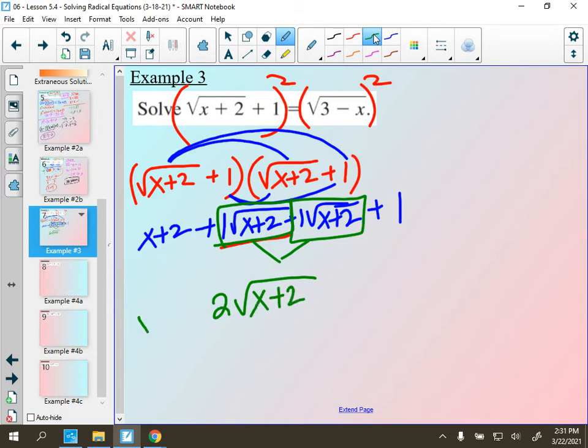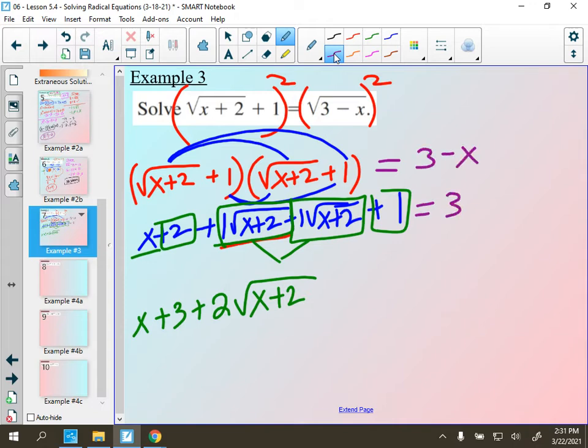There's this x that's just hanging out front, but then this 2 plus this 1 can turn into x plus 3 plus this right here. So that part alone, I think, makes this kind of tricky. Right side, it's like, wow, sweet, we're good over here. 3 minus x. So I've just been leaving that because that's going to trickle down with us.